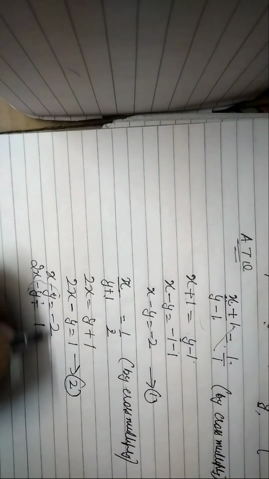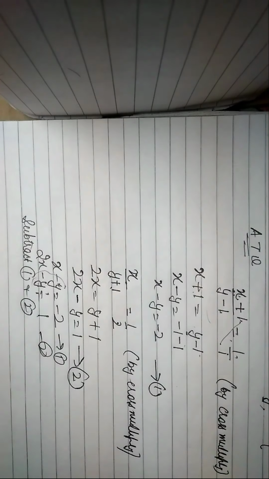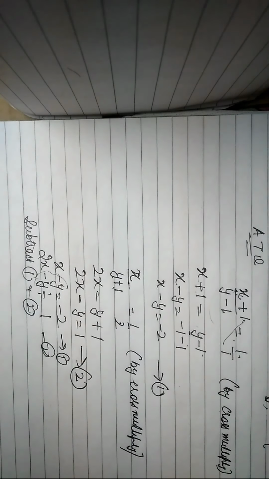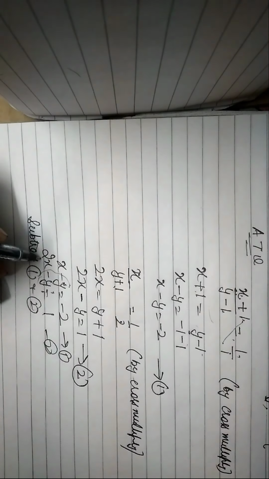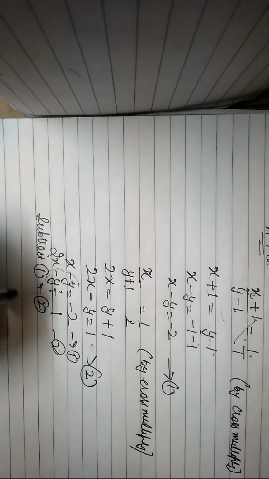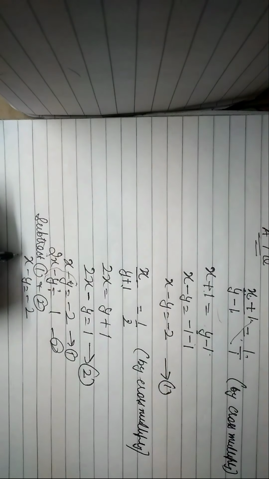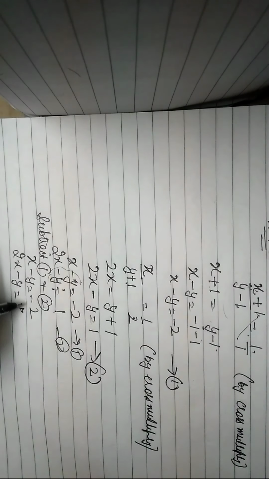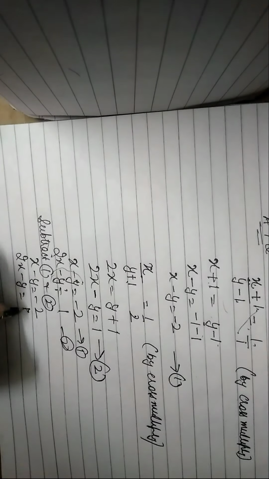So we only subtract these equations, equation 1 and 2. But you can do it with the second process also. You can eliminate the variable x also. So now x minus y equal to minus 2, and 2x minus y equal to 1.